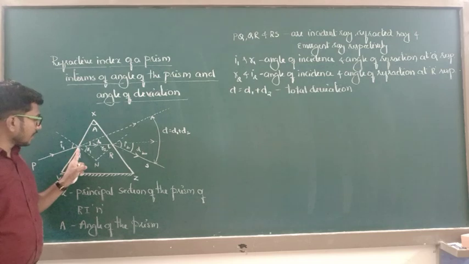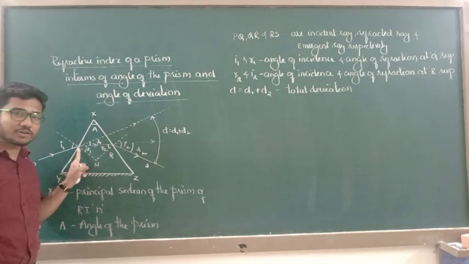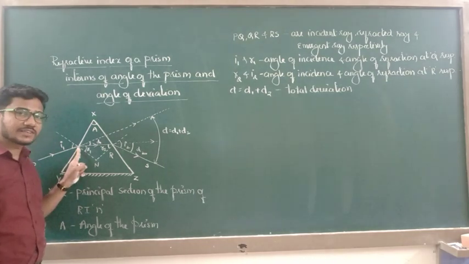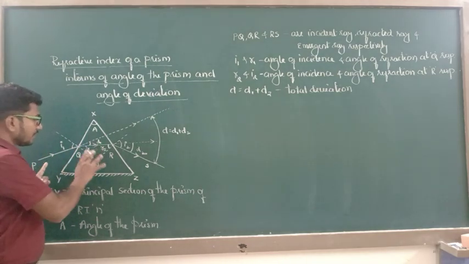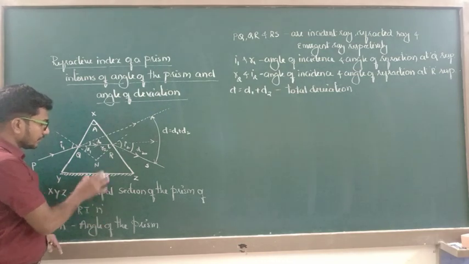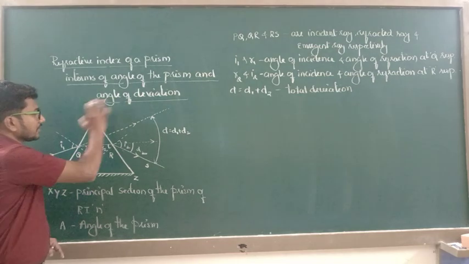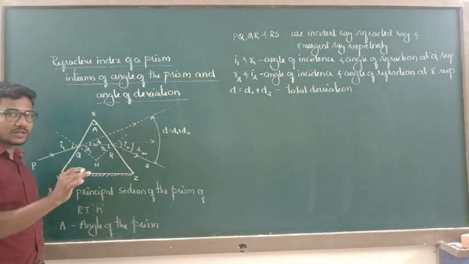Applying Snell's law at this point. We can apply Snell's law at the point of incidence. Here Q represents the point of incidence. According to our assumption, the refractive index of the material of the prism is N. Let us say the surrounding medium is air. We know that the refractive index of air is 1.